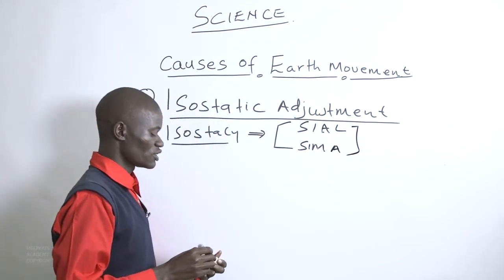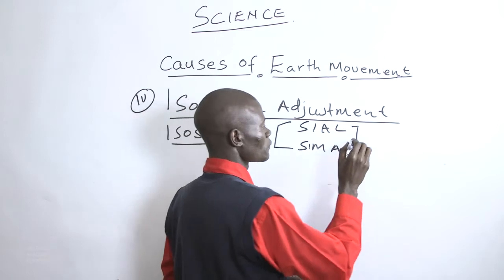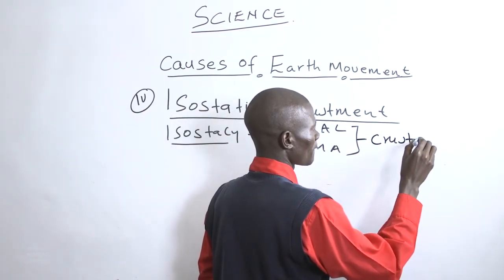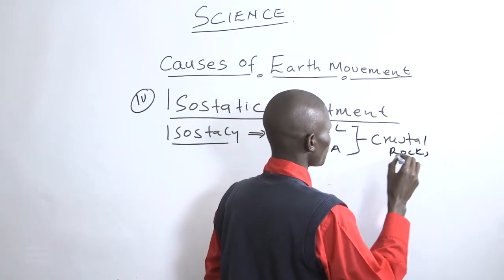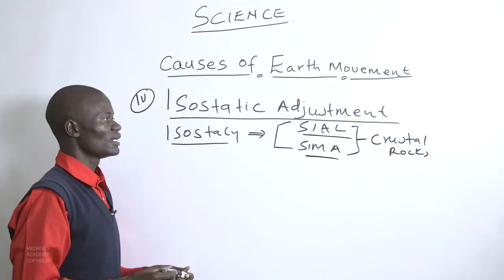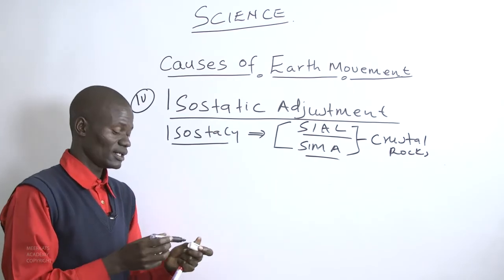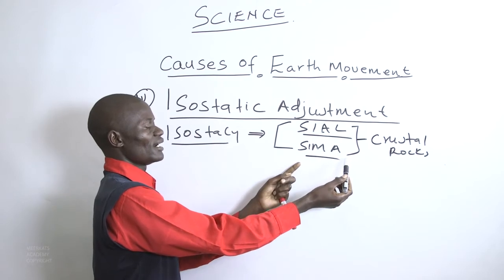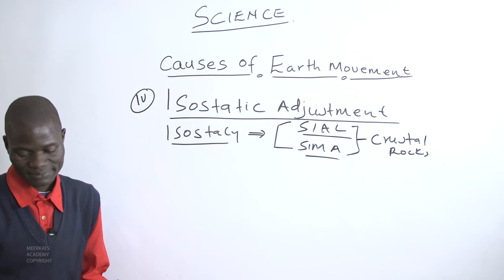All this is the continental crust, the crust of rocks. We have the lighter one and the heavy one. Therefore, the lighter one is always on top of the heavy one, and the heavy one hosts the lighter, as it also rests on oceanic crusts.